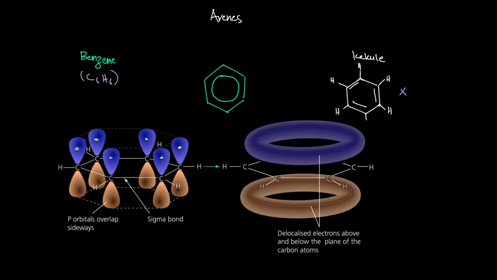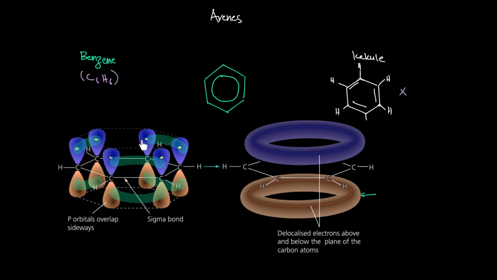Now, this phenomenon where you have delocalization of electrons: instead of forming regular pi bonds in which 2 carbon atoms' p orbitals overlap like this, the p orbitals of all 6 carbon atoms overlap together, which means the electrons are no longer localized between just 2 carbon atoms.